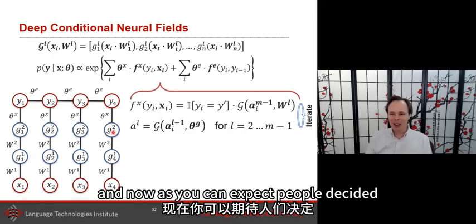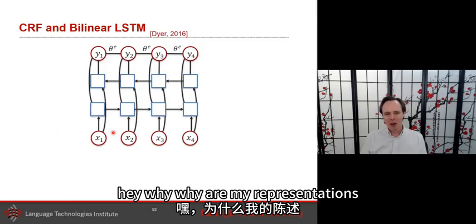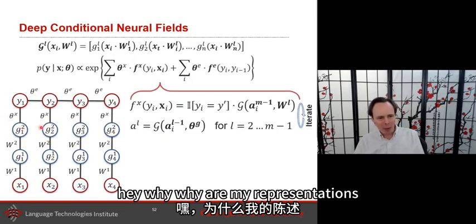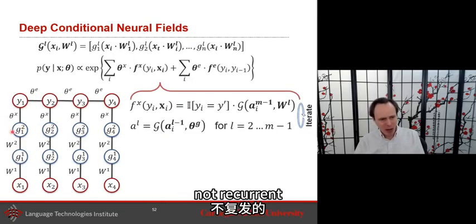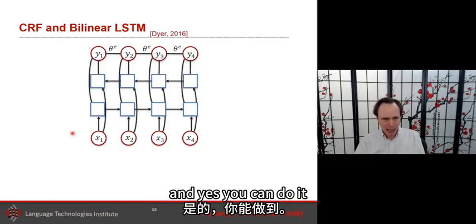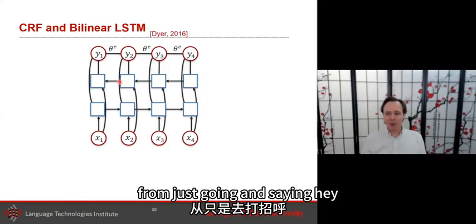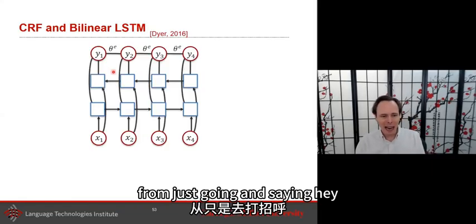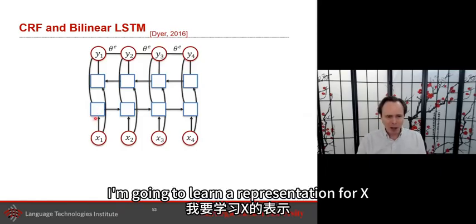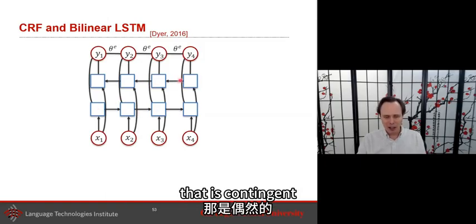And now, as you can expect, people decided, hey, why are my representations not recurrent? And yes, you can do it. There's nothing stopping you from just saying, hey, I'm going to learn a representation for X that is contingent.